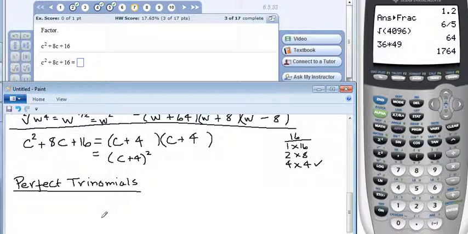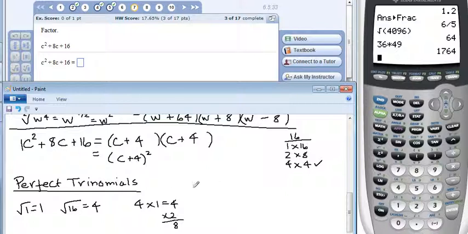When they do, what's going on is if I take the square root of this front term, and if I take the square root of the back term, and if I multiply these, so if I take 4 times 1 per 4, and I double it, it's always this middle number. I multiply that by 2, gives me 8. Then it's a perfect square trinomial.